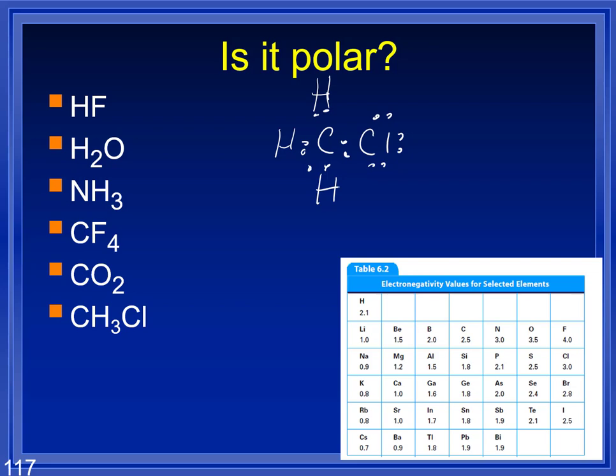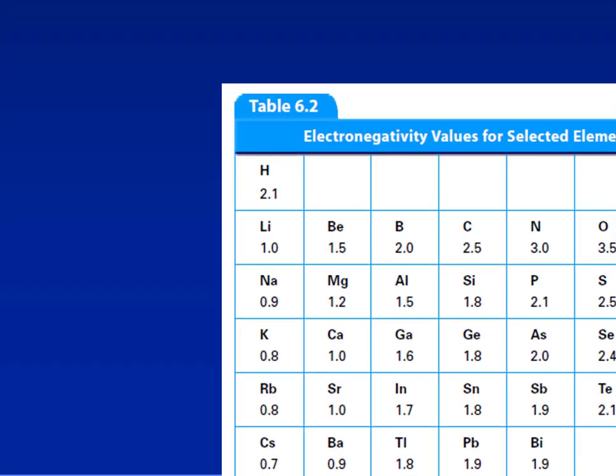So, what kind of bonds does this have? Well, this is different because it's got 2. It's got the CH bond and it has the CCl bond. Carbon is always 2.5. H on my table is 2.1.